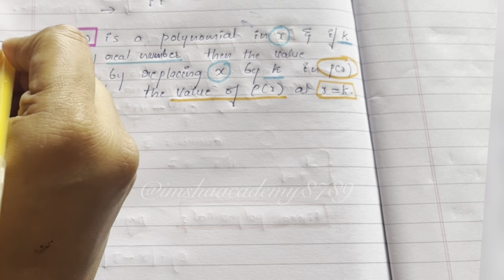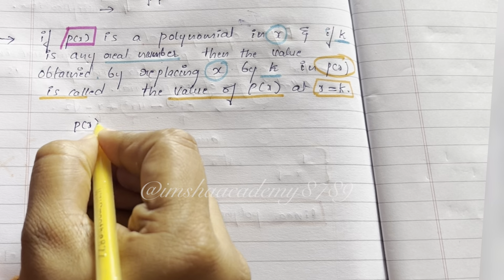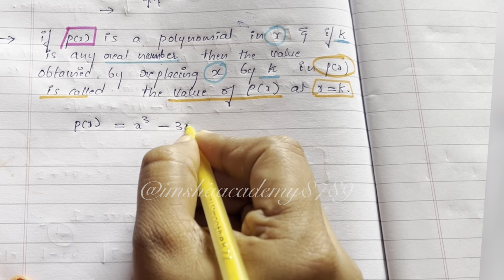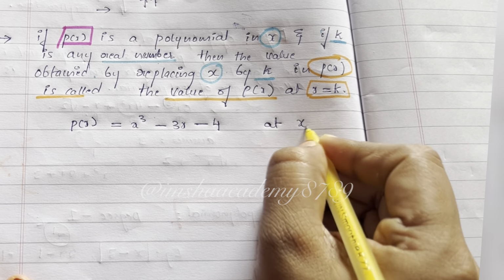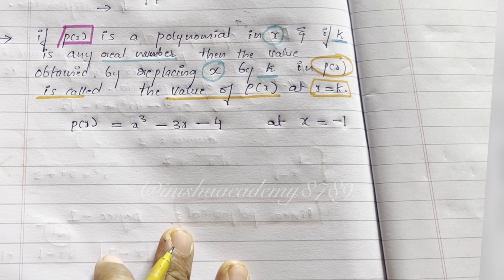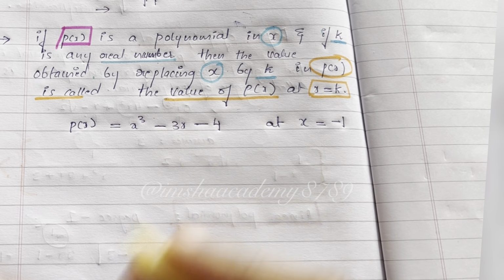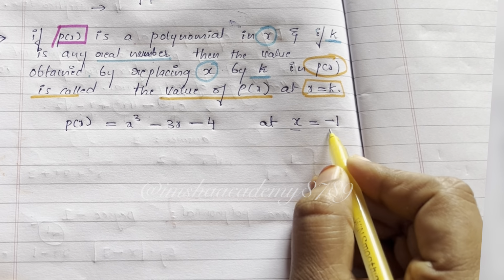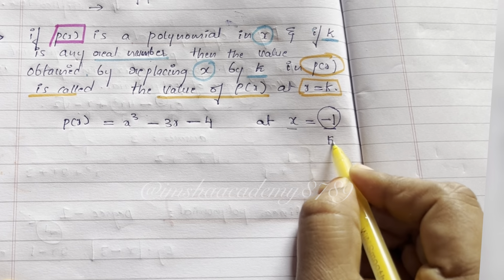Suppose we have p of x as x cube minus 3x minus 4 at x is equal to -1. What they are saying is, we want the value of p of x. How will we obtain it? We replace x by -1. So here -1 is nothing but k.